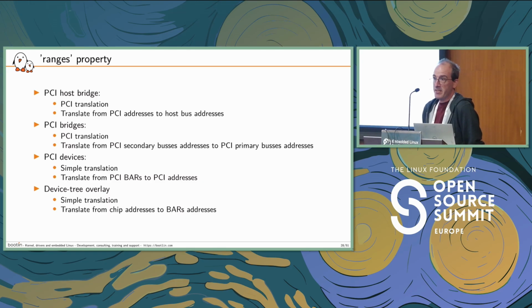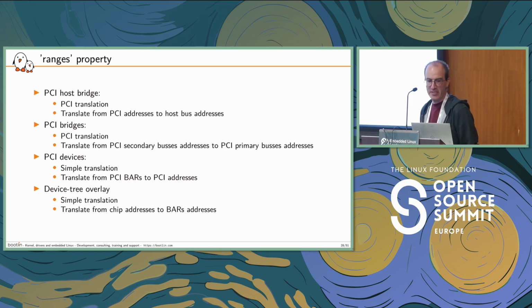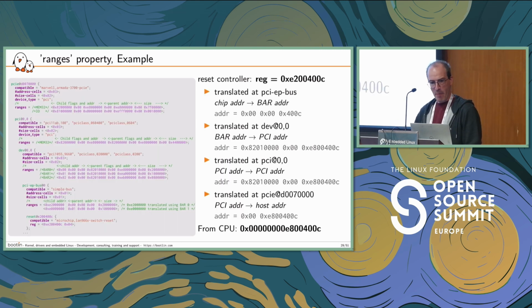On a PCI device, it is just a simple translation, and we translate from PCI base address registers to PCI addresses. And in the overlay, in the end, it is also a simple translation, but we translate from the internal chip addresses to the base address properties.